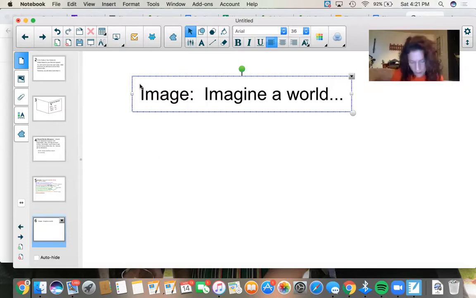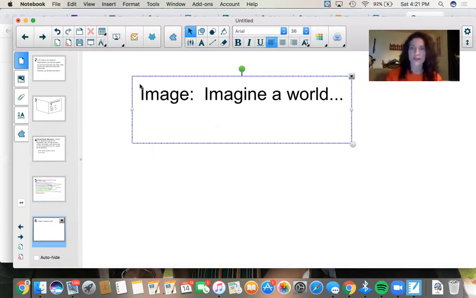It might be something like, imagine a city where you walk down the street and never again do you have to worry about stepping on dog dew. Or imagine a world where kids open up their piggy bank and there's weeks and weeks of savings in there from all their hard work and all of the allowance that they've earned. Okay, so one way to get your reader's attention is with an imagine the world.